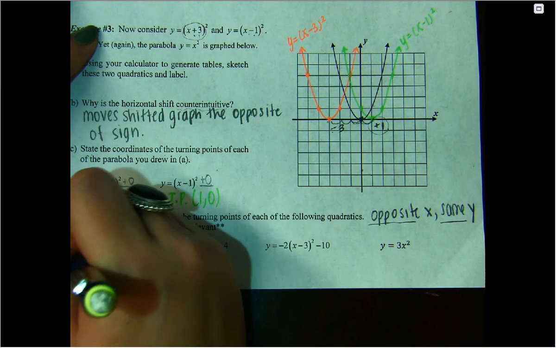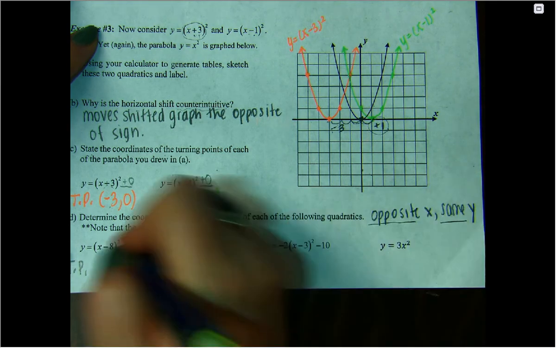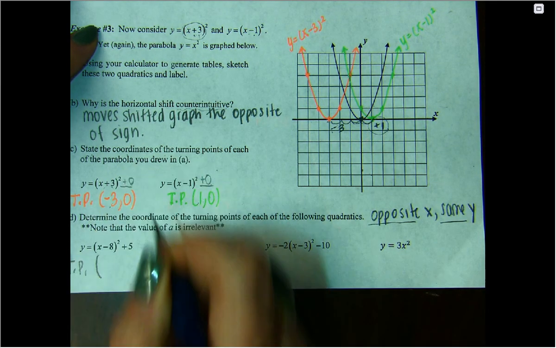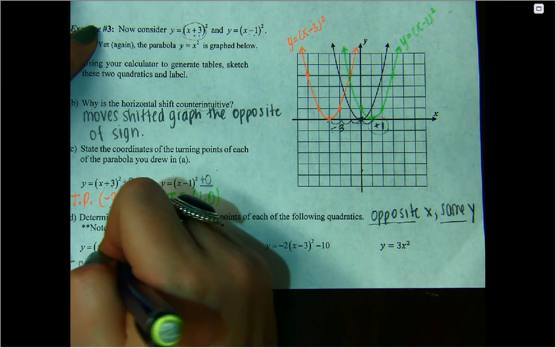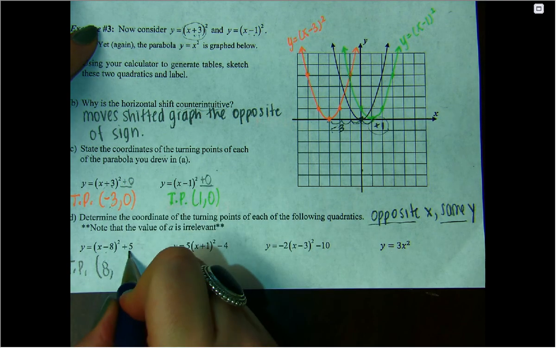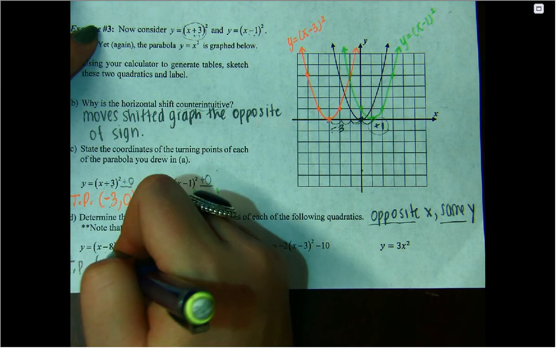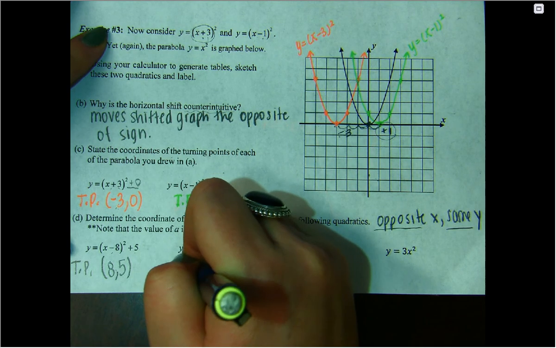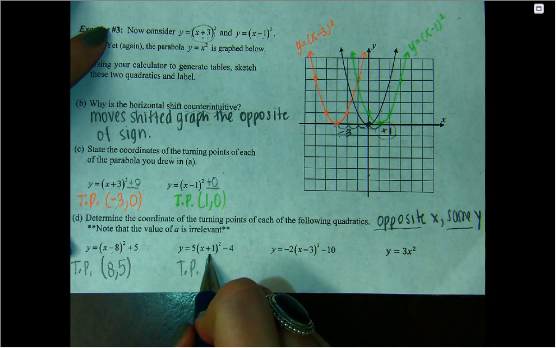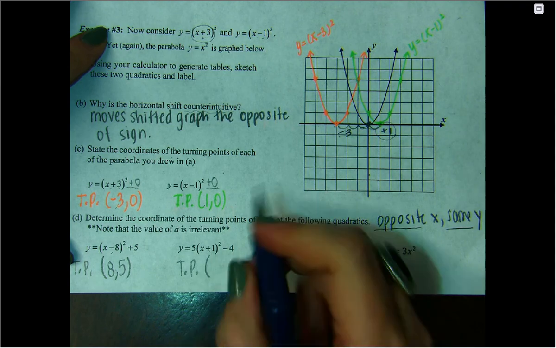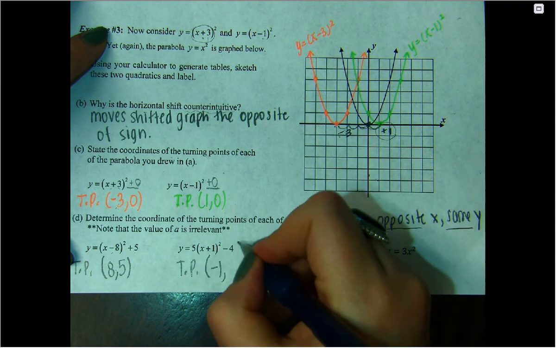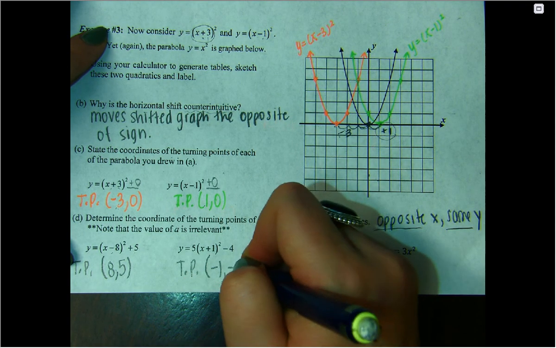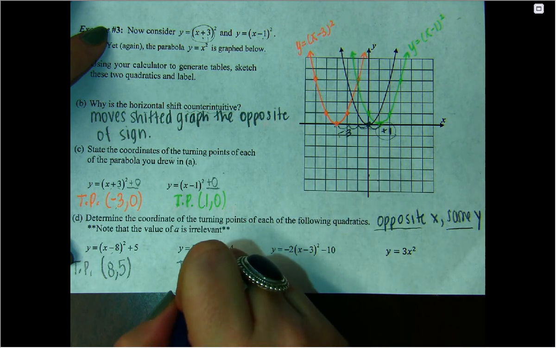So the turning point, opposite x, so the opposite of -8 is +8, same y value. Okay. Opposite x, so here's +1. The opposite of +1 is -1. Same y, so -4.